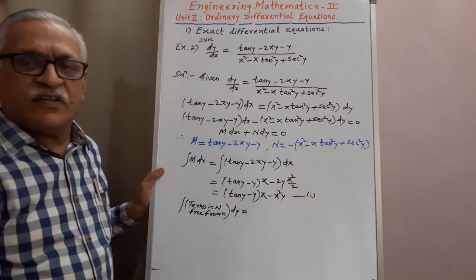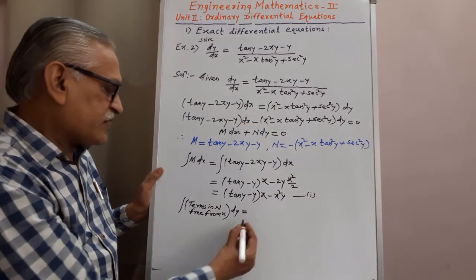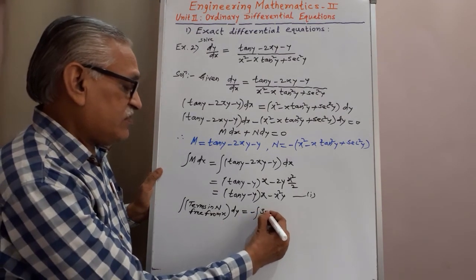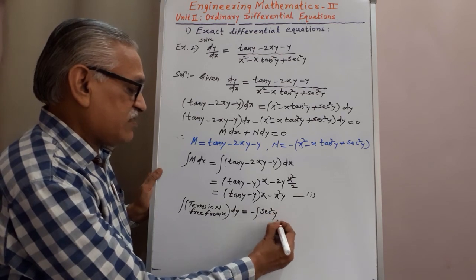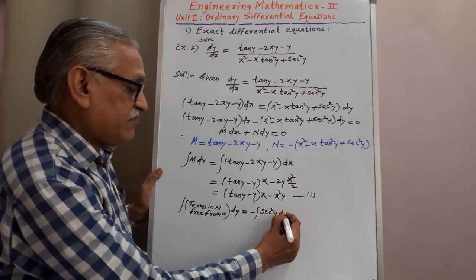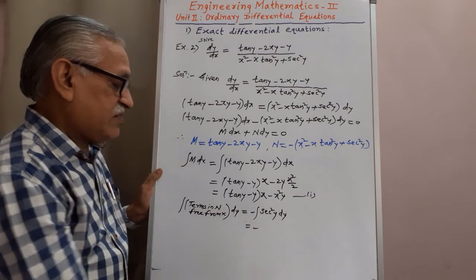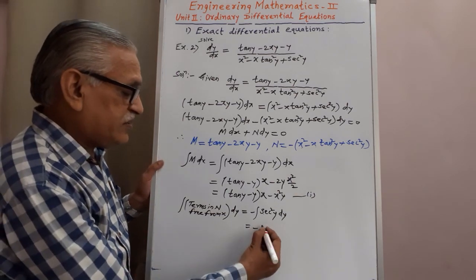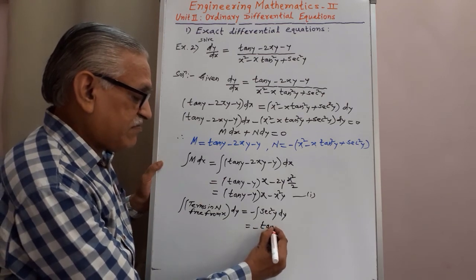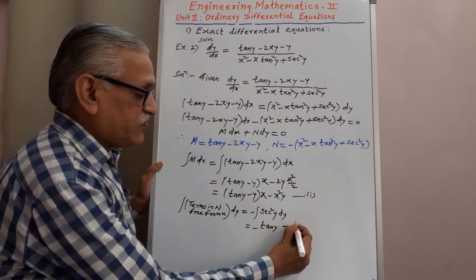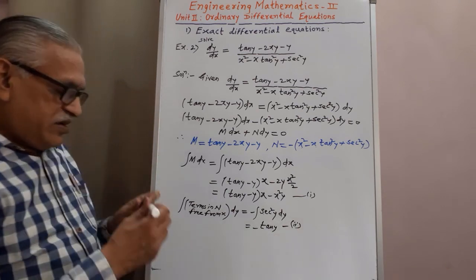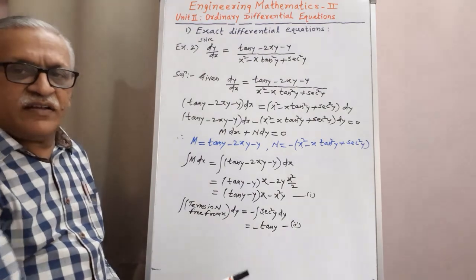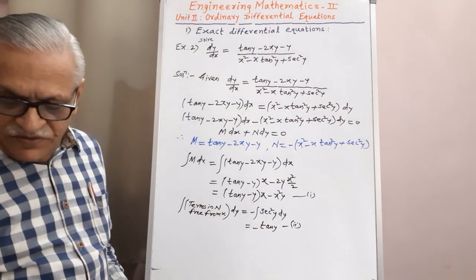The last term is without x, and that term is minus the integration of secant square y, and the integration of secant square y is tan y. We call this equation 2, and therefore the solution is adding equation 1 and equation 2 and equating it to c.